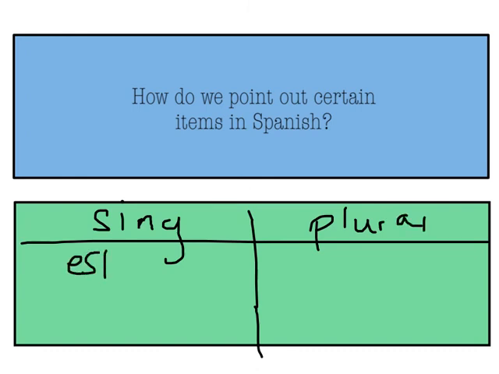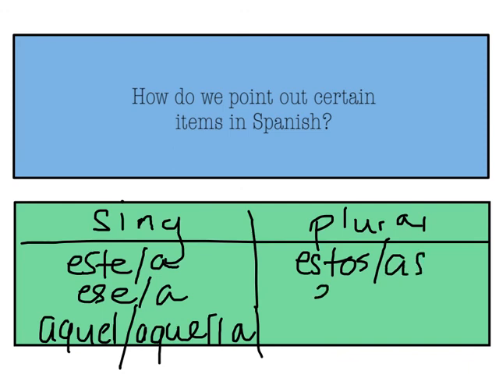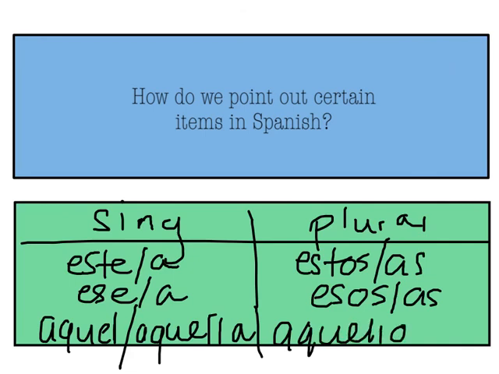And we learned that we would say este or esta, ese or esa, and aquel or aquella on the singular side. This, that, or that way over there. On the plural side, we know that we have estos or estas, esos or esas, and aquellos or aquellas.